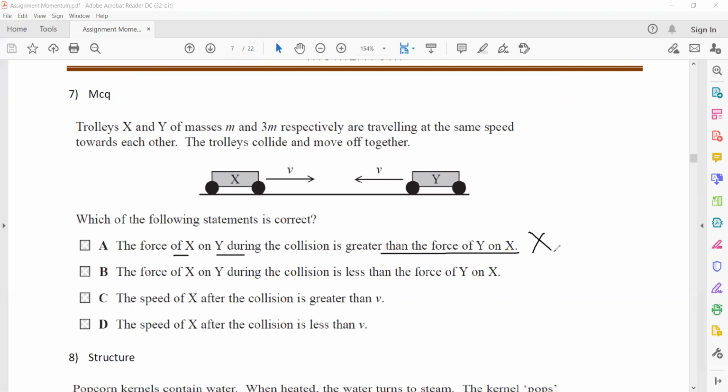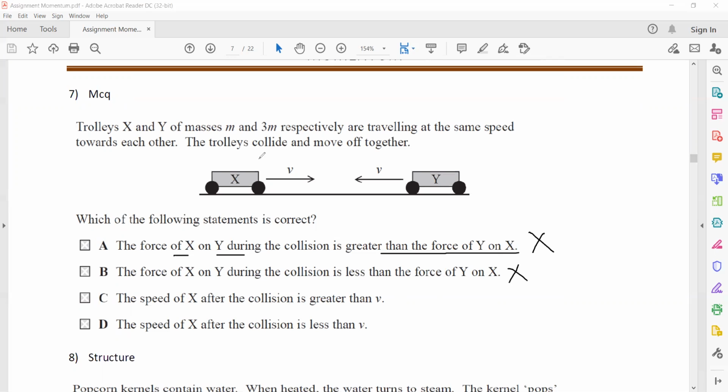That's wrong. They will apply the same amount of force. The force of X on Y during a collision is less than the force of Y on X. That's also wrong. The speed of X after collision is greater than v.